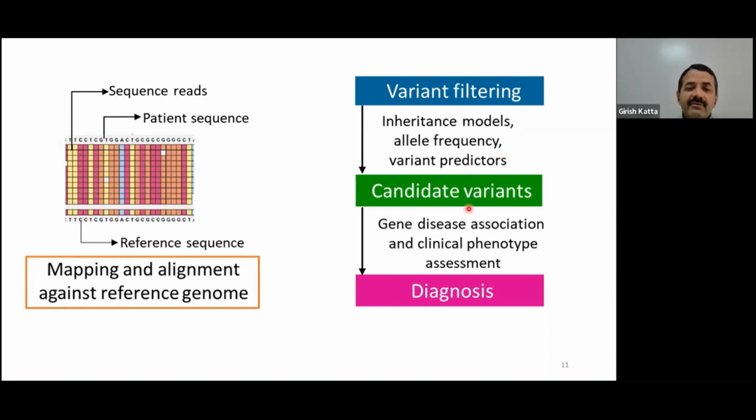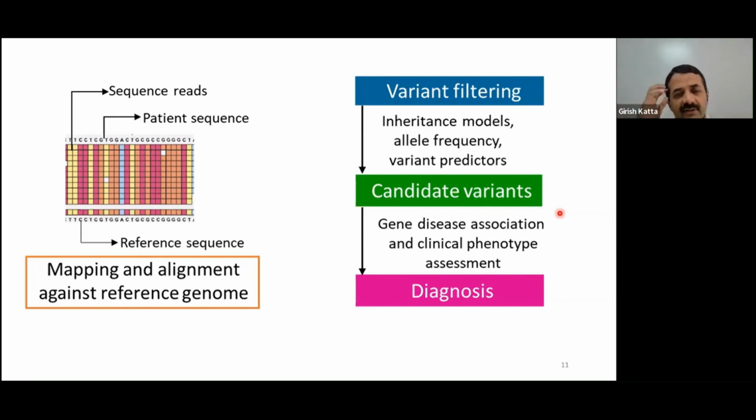If it is autosomal recessive, we look for biallelic mutations. Allele frequency means normal individuals should not have the disease causing variants in the normal population. It should be very rare because these are very rare diseases. Variant predictors means there are several bioinformatic tools to predict whether a variant can cause disease.